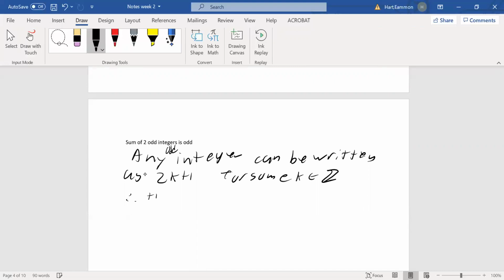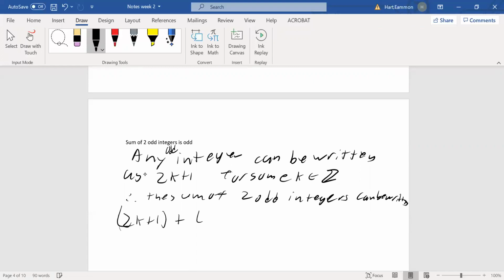Therefore, the sum of two odd integers can be written as 2k plus 1 plus 2j plus 1.